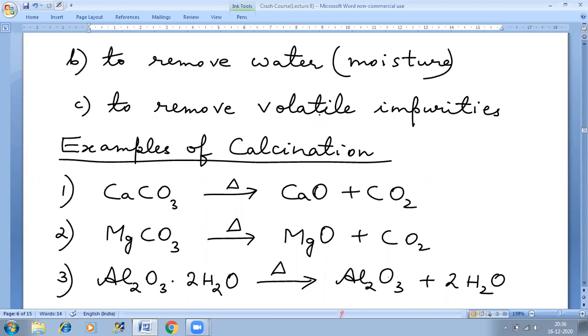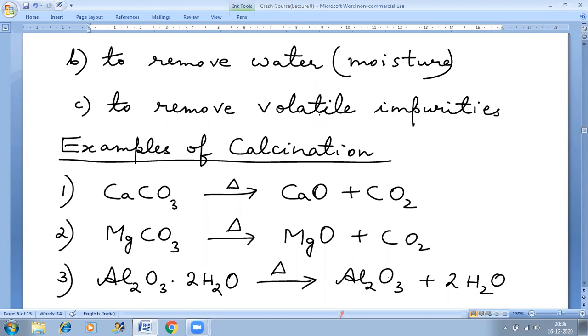So it was like a volatile impurity. What I'll be left with is only calcium oxide, CaO. Similarly, in the second reaction, if I heat magnesium carbonate, I will get only magnesium oxide. Carbon dioxide will escape as a gas, and I'll be left with MgO, that is magnesium oxide.